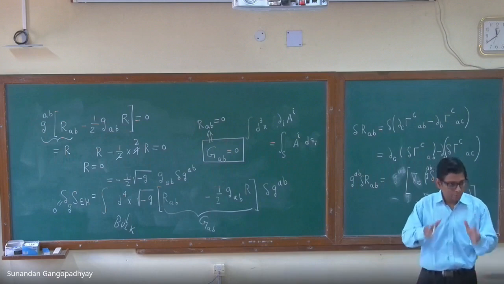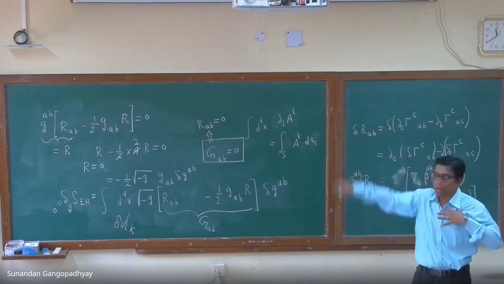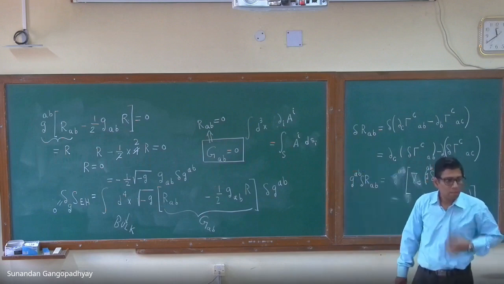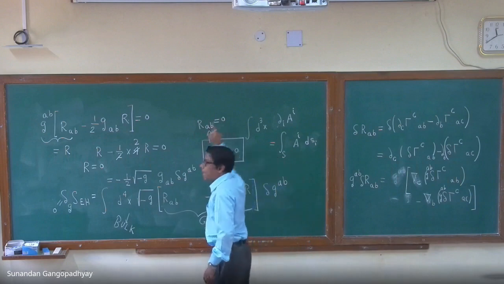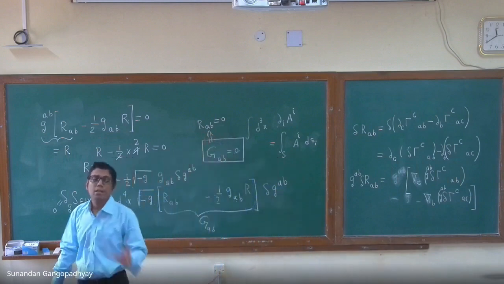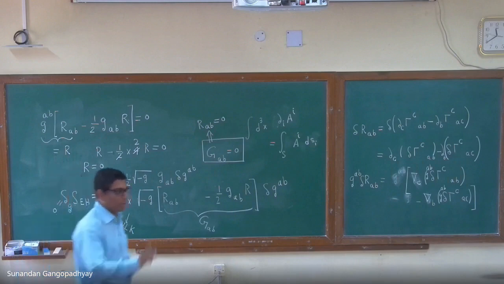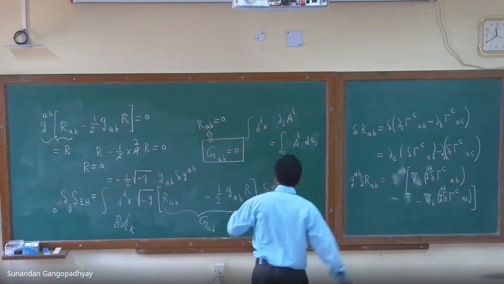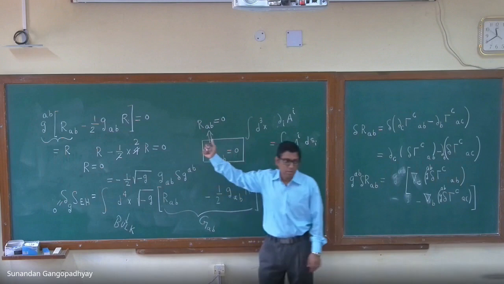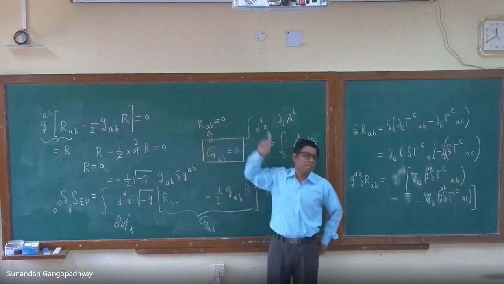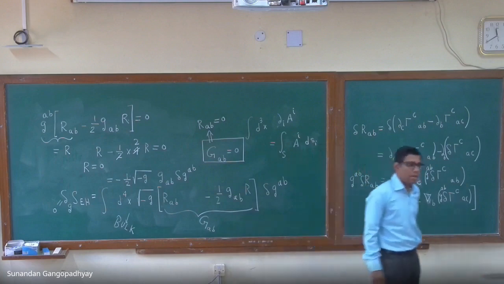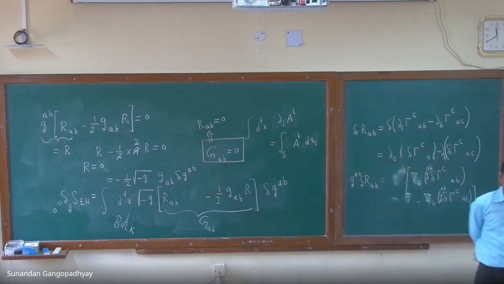Given a derivation in vacuum, we show that R_AB should be equal to 0, because R itself is equal to 0. Always remember this. Our aim in the future lectures will be to solve this equation and see what we get.